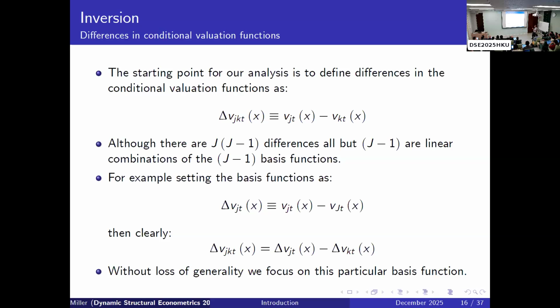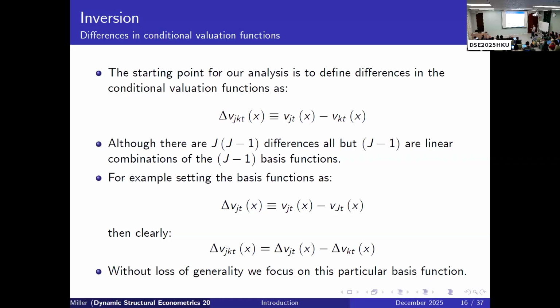So the starting point is to note something that we already saw in the Rust example, that we could look at those differences in value functions, and they were really closely related to the choice probabilities themselves. There's a logit transformation, and that's how you got it. It turns out to be a pretty general property.